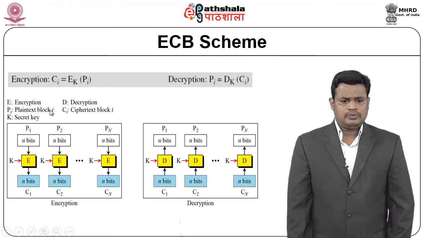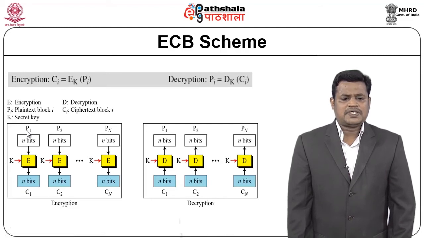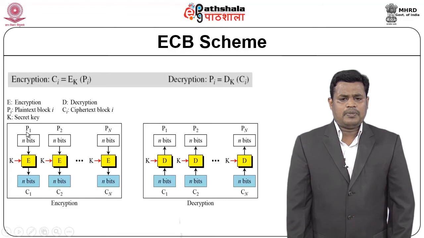Now we represent this block as the encryption process, and this block as the decryption process. If I have a message of size n, then there will be different input blocks P1, P2, P3, and so on, each of size n bits.